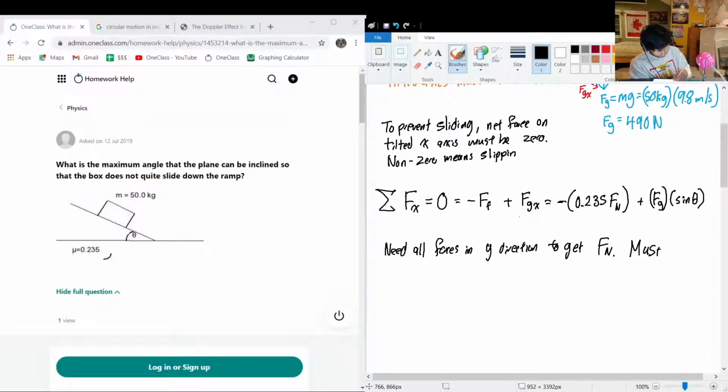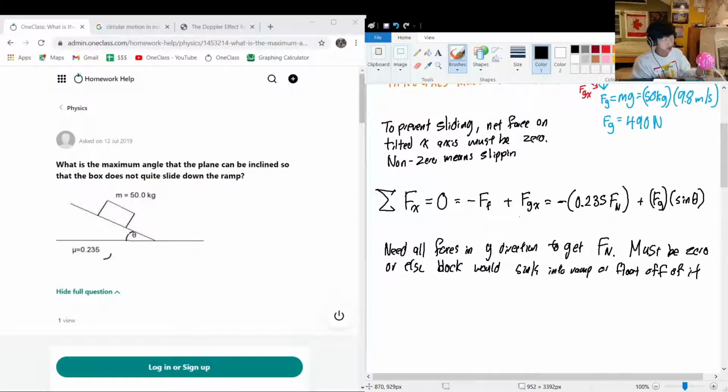Must be 0, or else the block would sink into the ramp or float off of it, which is certainly not something that we can really deal with. It's not sinking into the ramp, it's not floating off it, so Fy has got to be equal to 0.